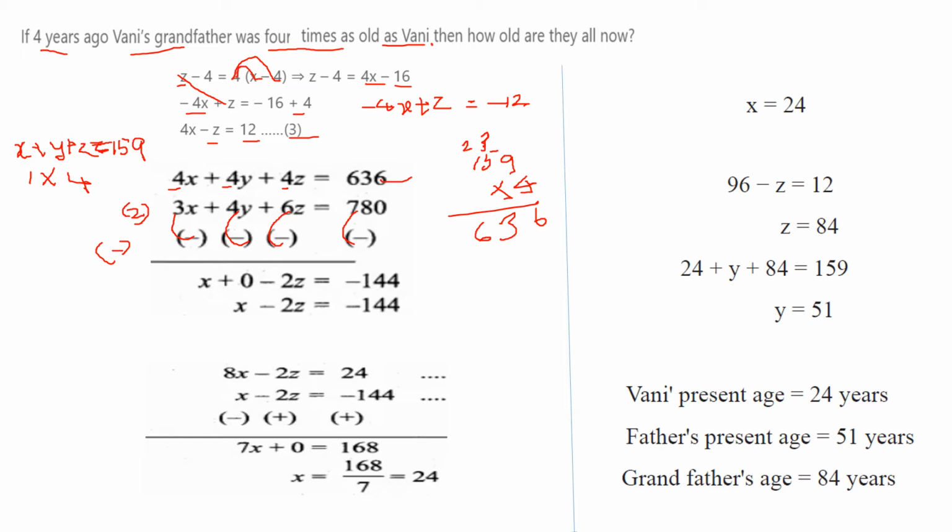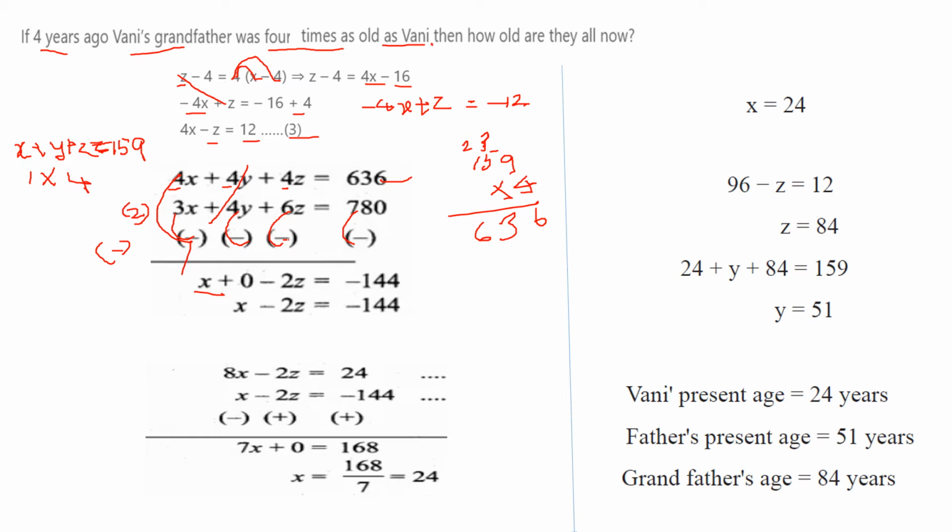So 4X minus 3X, X. 4Y minus 4Y, that is 0, cancel. 4Z minus 6Z, subtract and put the greater number sign. 6 minus 4, 2.